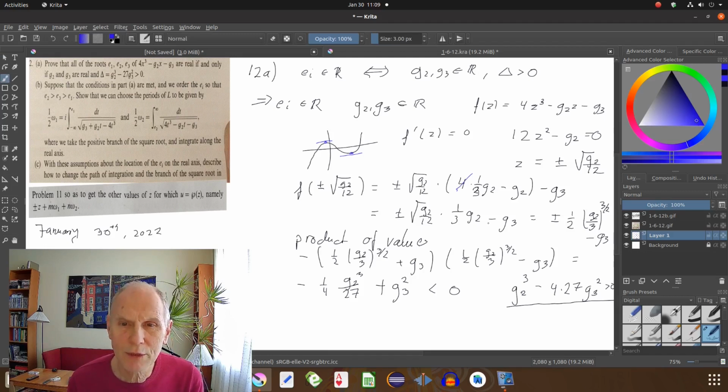We do away with this 4. We do away with this 1/2. We just have to do it again then. Oh, we have to do this as we do away with the 4.